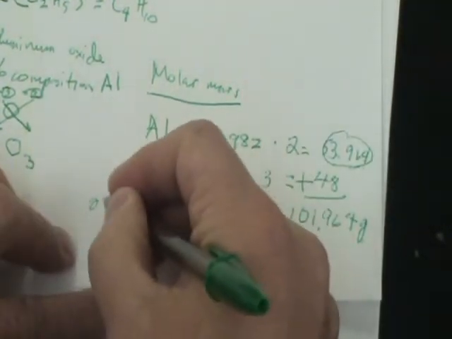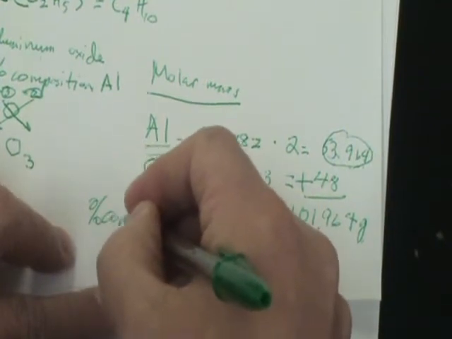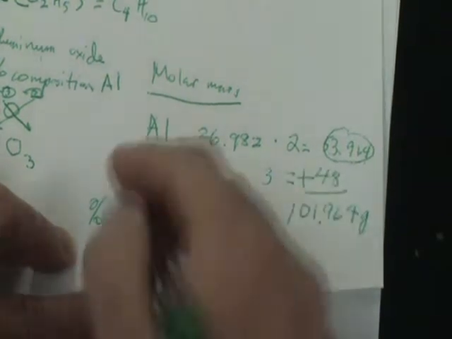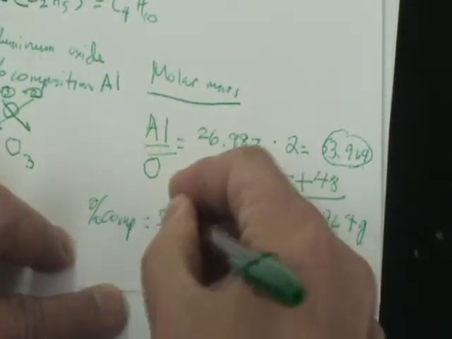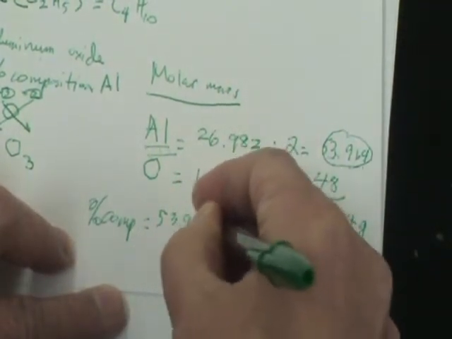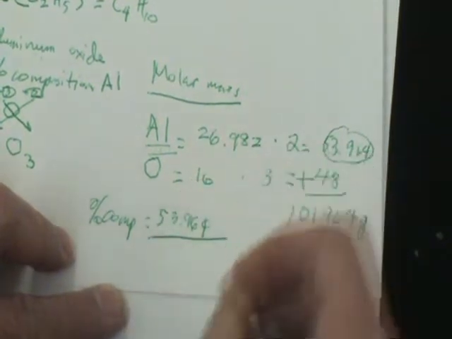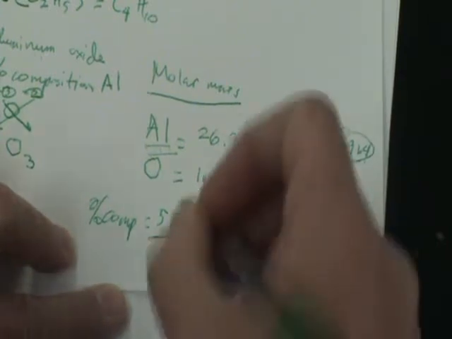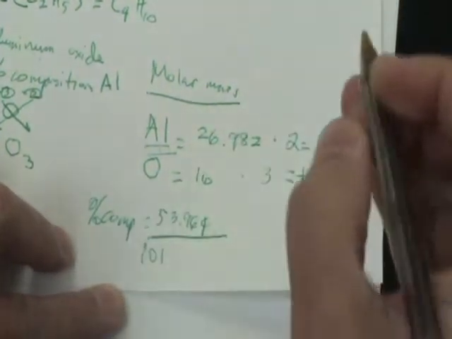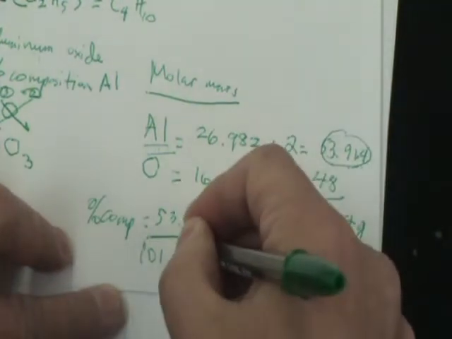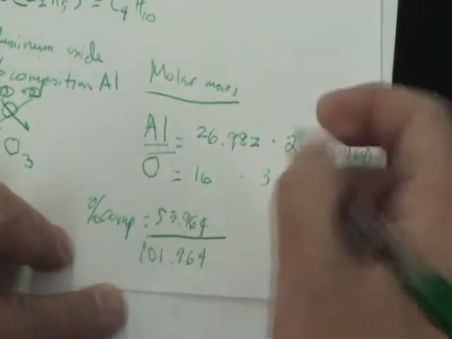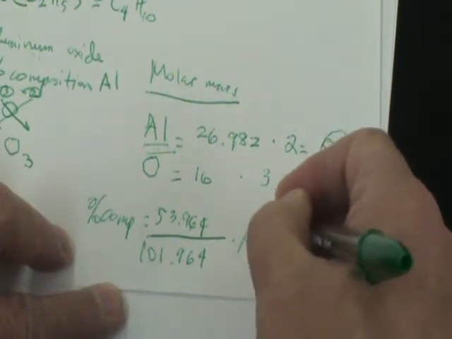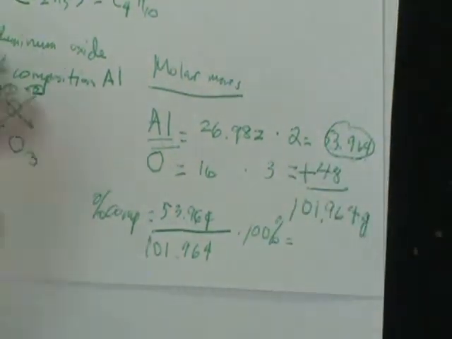So to get our percent composition, we take the part which we want, which is aluminum, 53.964, divided by the whole, which is the molar mass of the whole compound, 101.964. And you're going to multiply that by 100%.